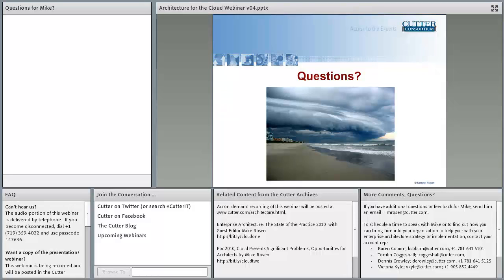So, Mike, our first question is, what is the biggest risk the cloud presents to architecture? So I think the biggest risk to architecture is this opinion from some of the business people I've talked to that the cloud is a way to not have to deal with IT anymore.